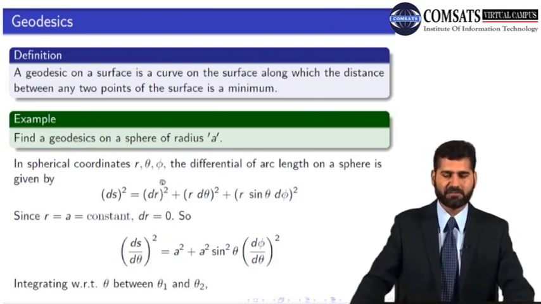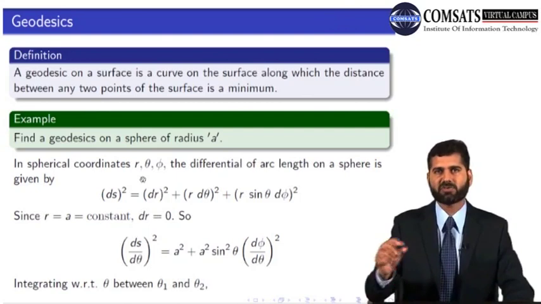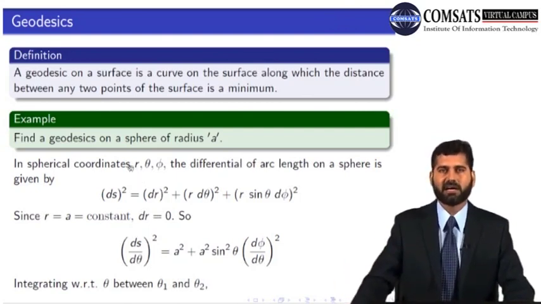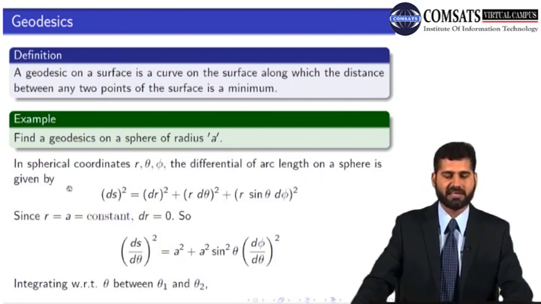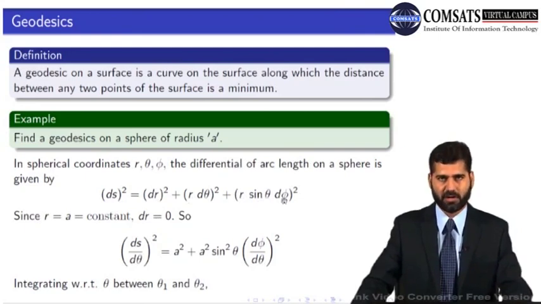So in spherical coordinates, it's convenient to write R, theta, and phi. The differential of arc length on a sphere is given by this one: ds square is equal to dr square plus r d theta square plus r sine theta d phi square.